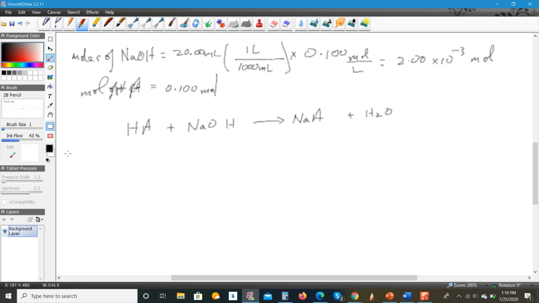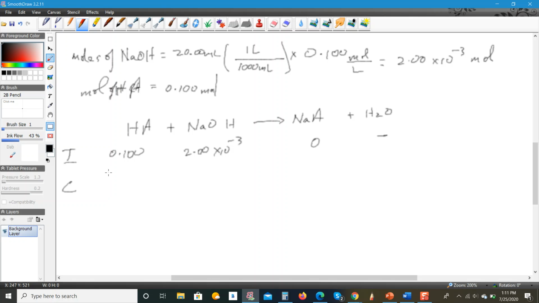So, setting up our ICE table, initially, we will have, as far as the acid is concerned, 0.100 moles. For the sodium hydroxide, it is going to be 2.00 times 10 to the minus 3 moles. And then over here, you'd have none of this.